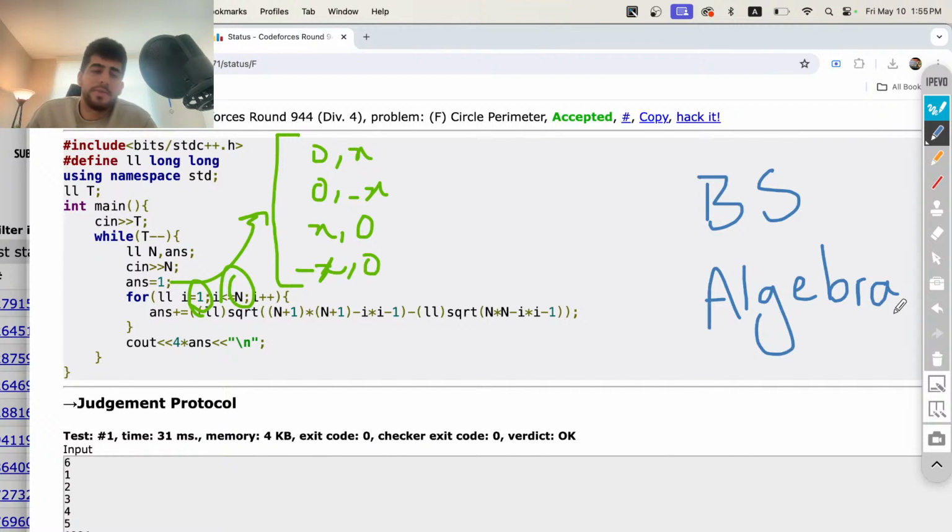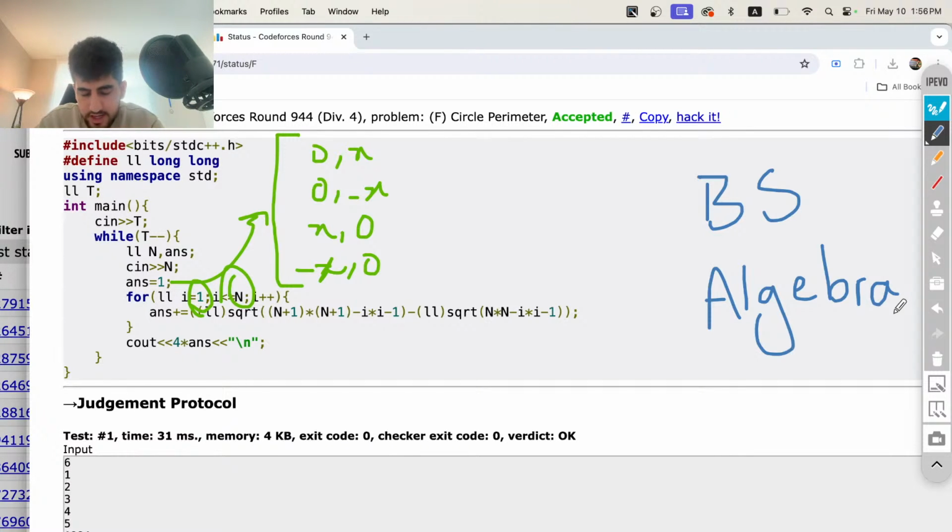Algebra is more mathematician-ish, you know. And why are we adding all in a loop? Because each time we are considering all the values in one row, right? So we have to add all these values up, because each time we're seeing how many good points we have in one specific row.